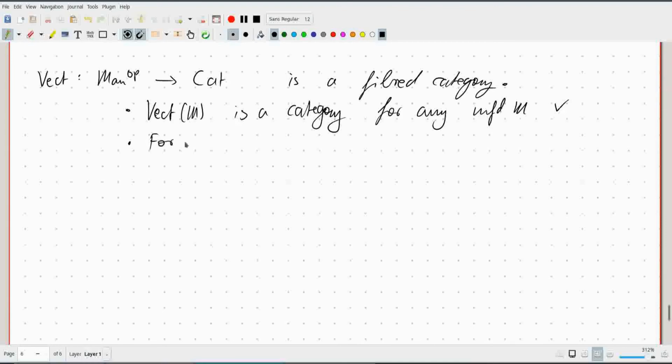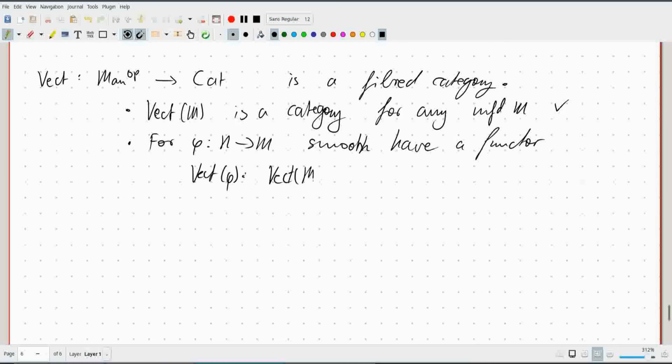Secondly, for phi from N to M smooth, we have a functor Vect phi going from vector bundles on M to vector bundles on N. And what does it do? Well, if E is a vector bundle on M, then it creates a vector bundle on N by the pullback construction. This is what it does on objects, but what does it do on morphisms?